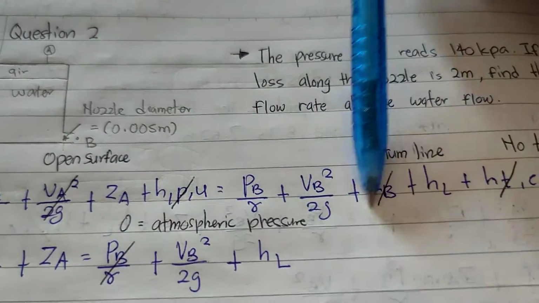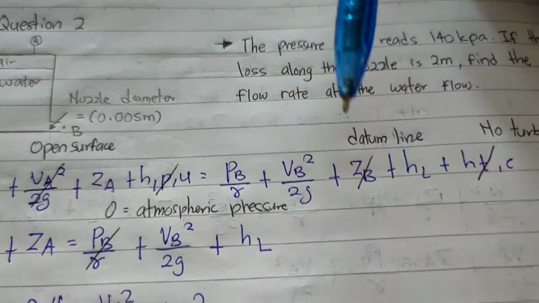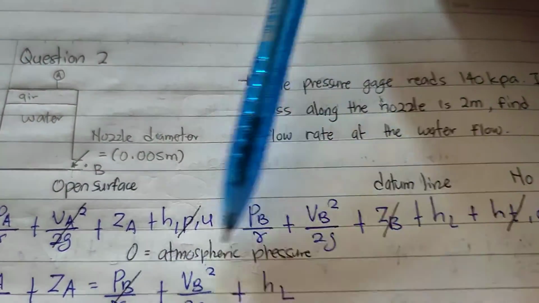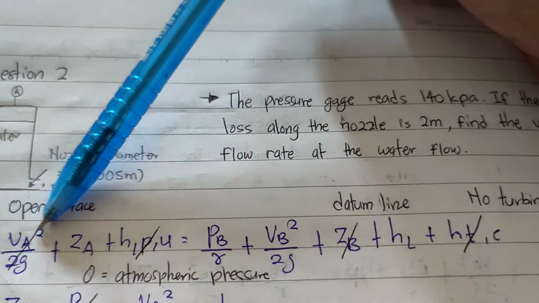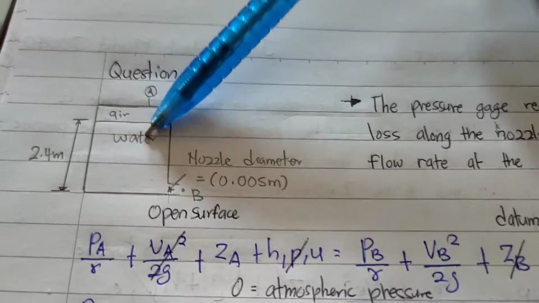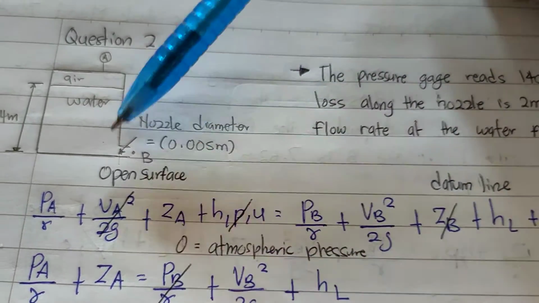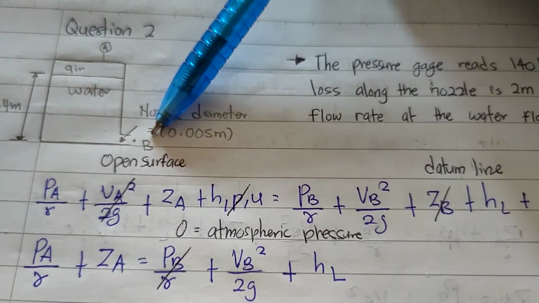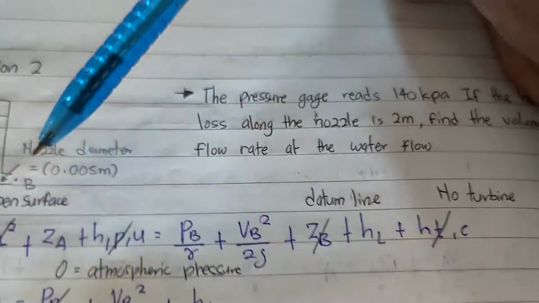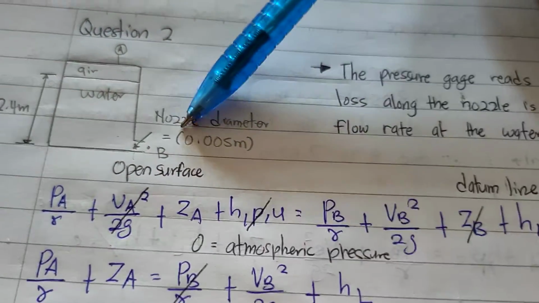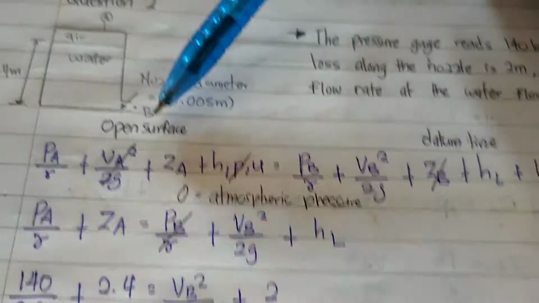The datum point is B. We cancel out the datum line, and what else you can cancel out is VA because there is open space, and one more thing that we can cancel out is pressure at B, because pressure at B is open space also, at atmospheric pressure, so there is no gauge pressure at B.